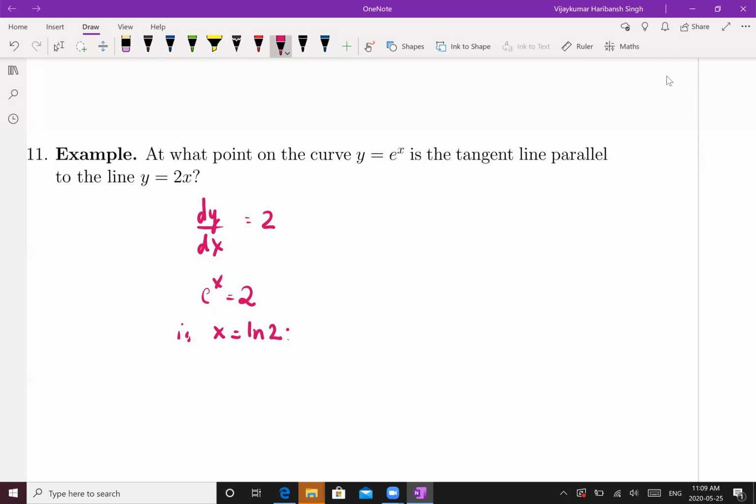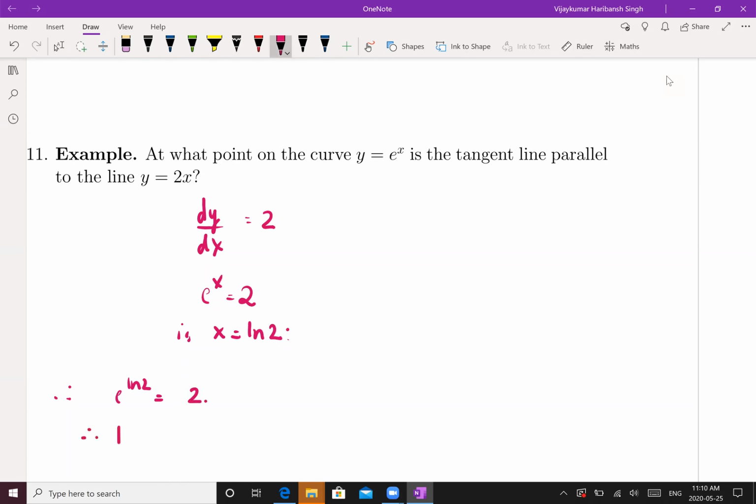Okay, so actually, I will demonstrate that on the graph as well. Let's draw the equation of this line. What is e to the power ln 2? e to the power ln 2 is 2.